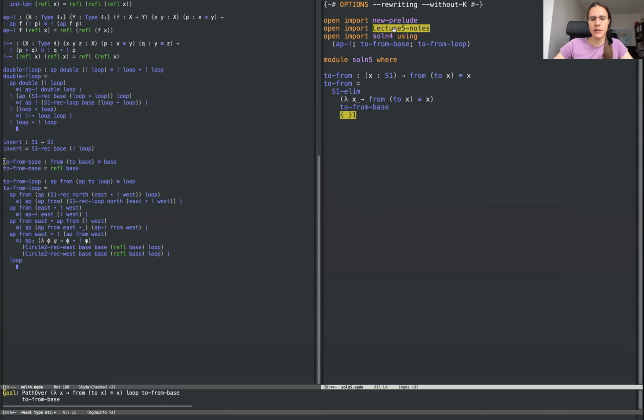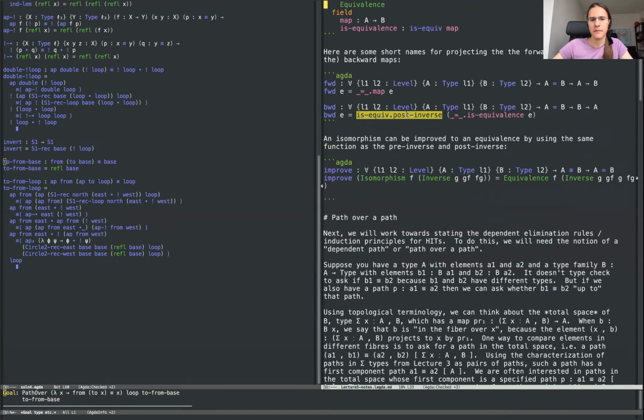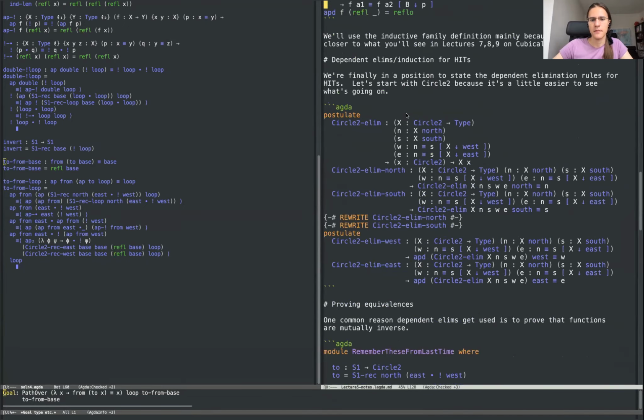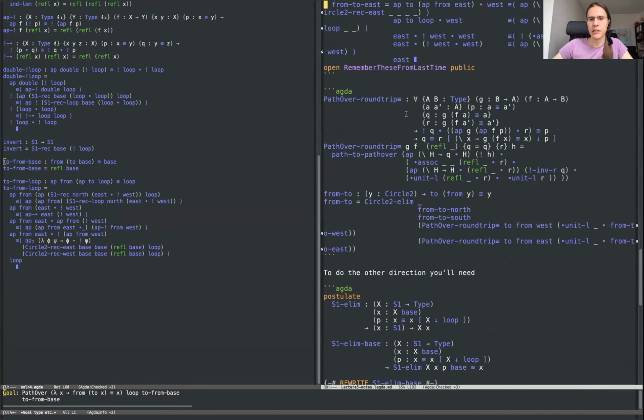Now, here we look at what we did in lecture when we were considering the other composite. And we proved a certain lemma, which was a bit mysterious. And it was this round trip lemma.